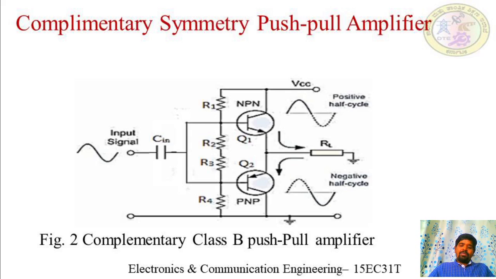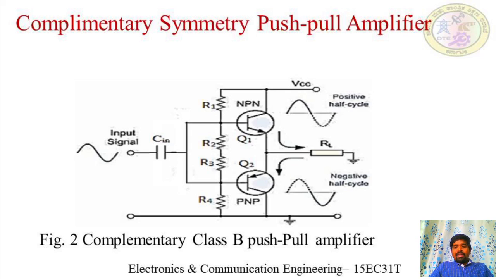So how exactly does the complementary push-pull amplifier work? The circuit is shown here. In this circuit, if you observe, the input signal is applied. Here we are using two transistors. If you observe the diagram very carefully, one of the transistors is an NPN transistor and the second one is a PNP transistor.